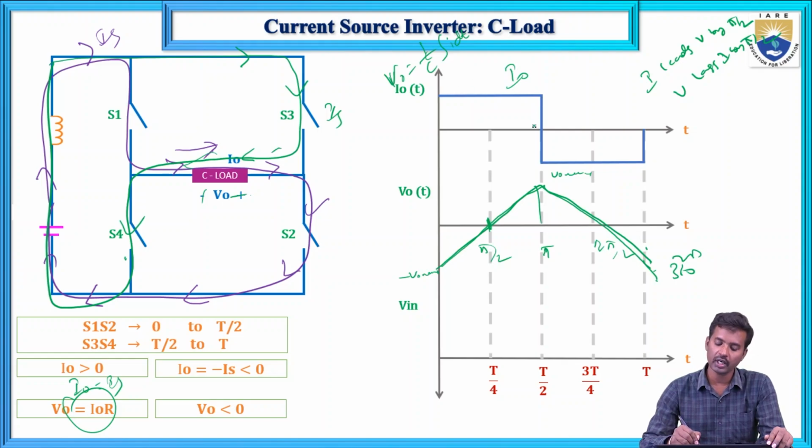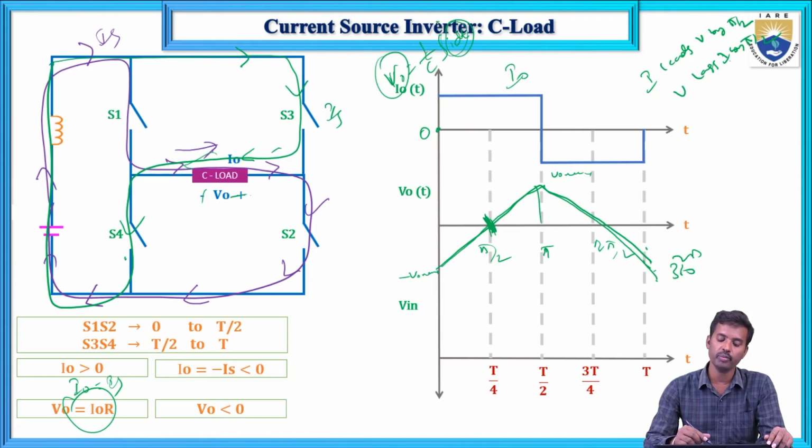So here it is the current waveform and here is the voltage waveform. The voltage waveform lags the current; it starts from 0 and lags by pi by 2. Any square waveform, this is the current waveform and this is the voltage.